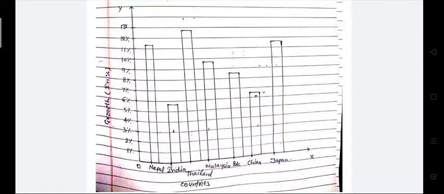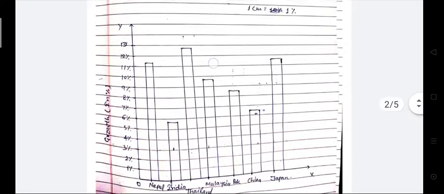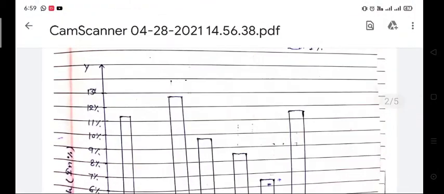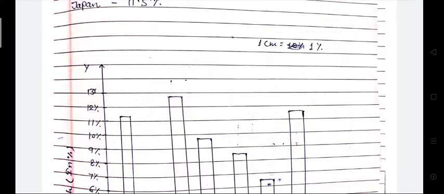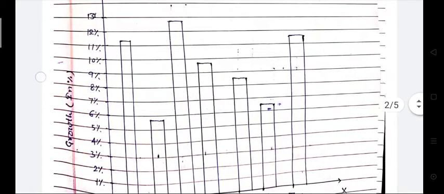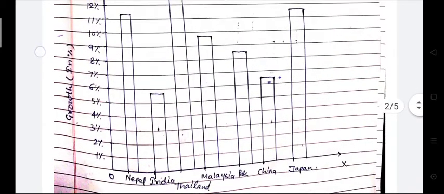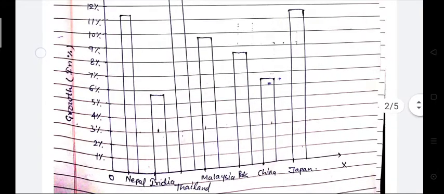So here we divide the y-axis into some parts with a standard unit, that is 1 centimeter, and we also give the reference that 1 centimeter is equal to 1%. That is, on the y-axis every 1 centimeter represents 1% growth rate.